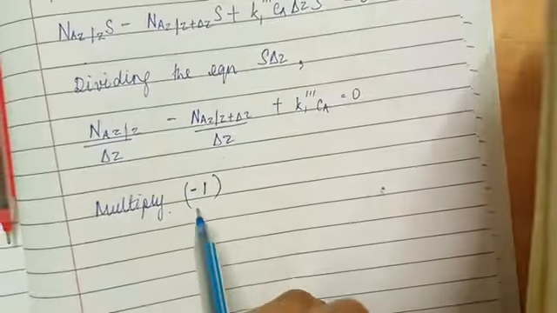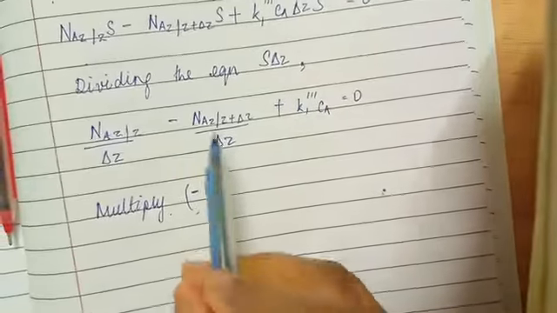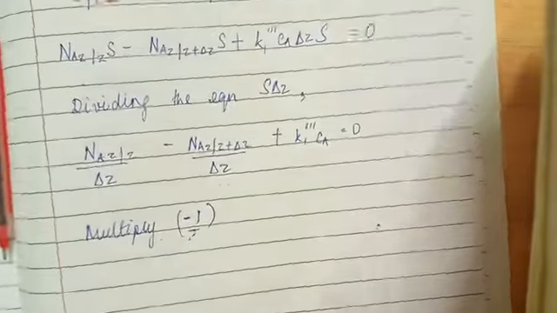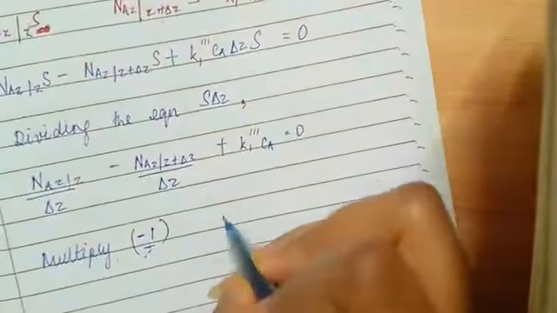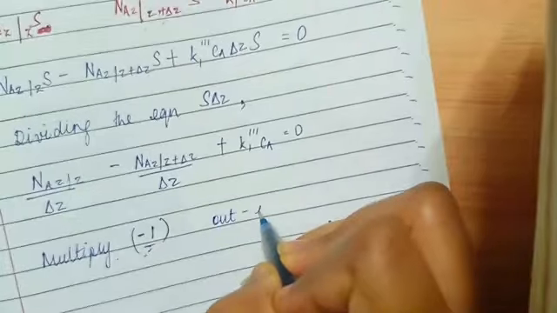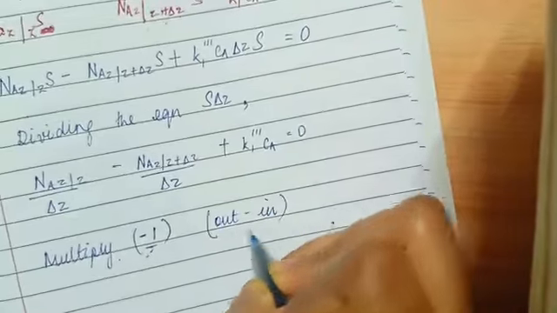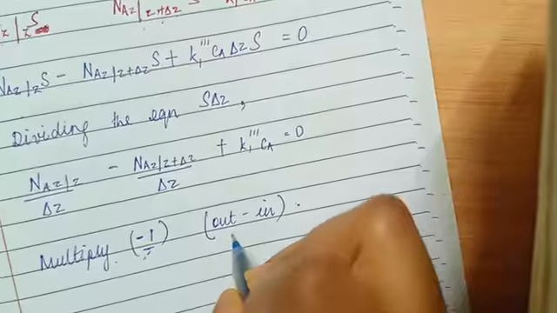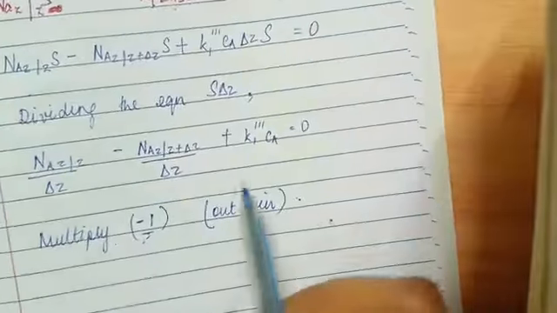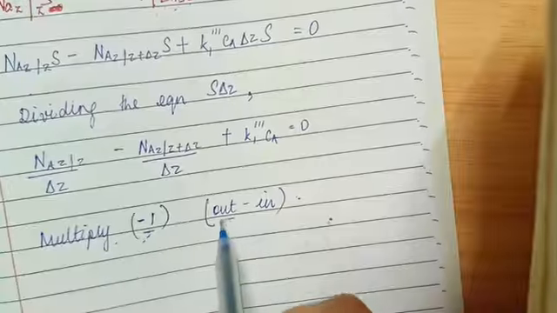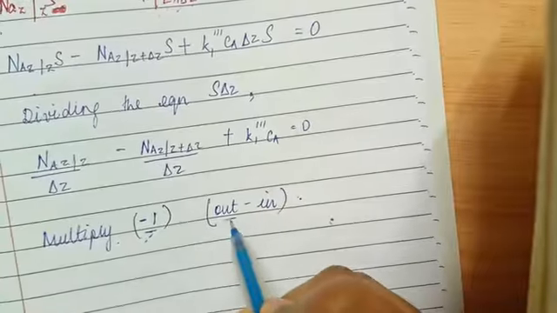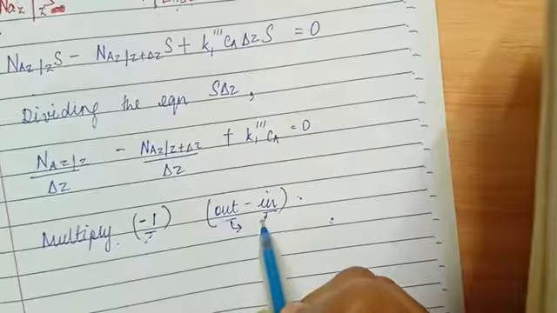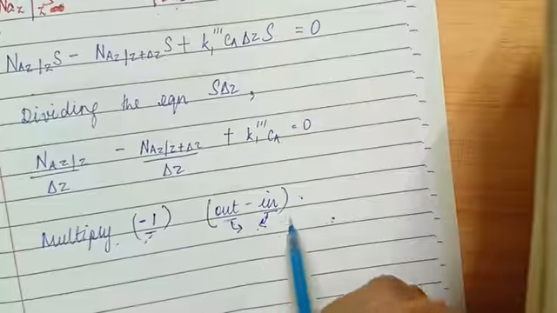So you might think why we multiplied the whole equation with minus 1. This is done to fulfill the condition of out minus in. Always we need to fulfill the condition where we take the difference between the out and the in of the property which we are working with.